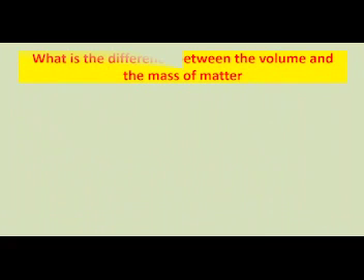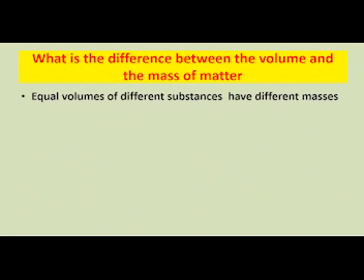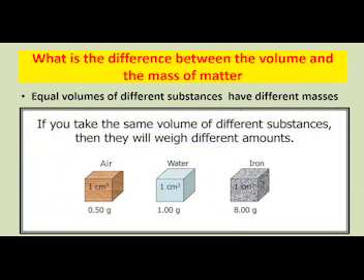From the previous video, there is a big difference between the volume and the mass. Something being bigger doesn't mean it has more mass. For example, here, if I have a cube of air and a cube of water and a cube of iron, which one has more mass?